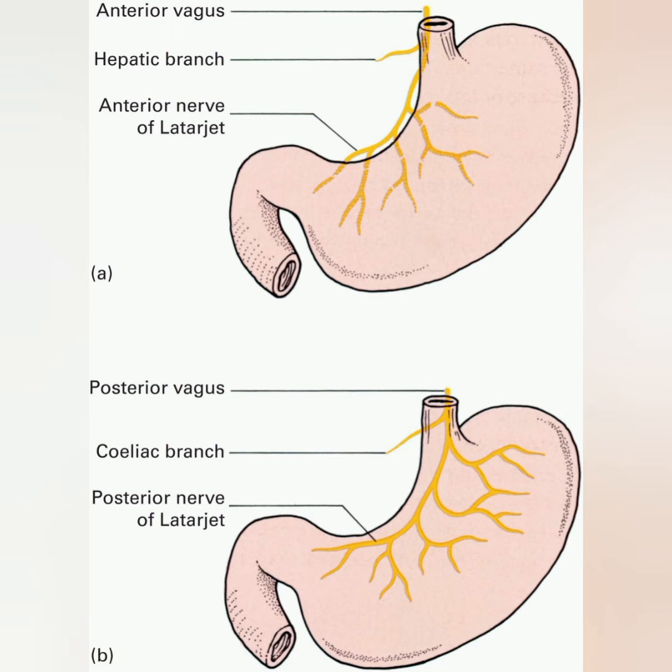These are the anterior and posterior gastric nerves and their terminal branches, which are the anterior and posterior nerves of Latarjet, and they are of clinical significance in vagotomy. We will discuss that later. So it was all about the anatomy of the stomach. We have studied the location, size, shape, then features, openings, parts, and then arterial supply, lymphatic and nerve supply.